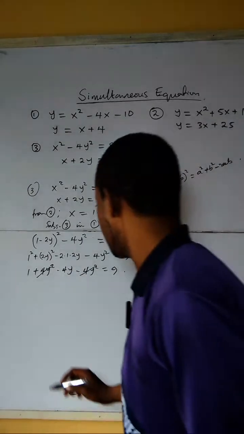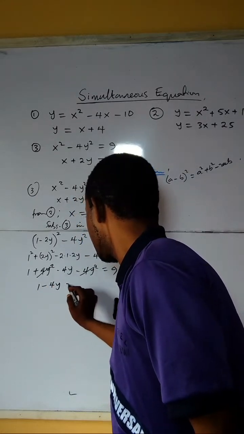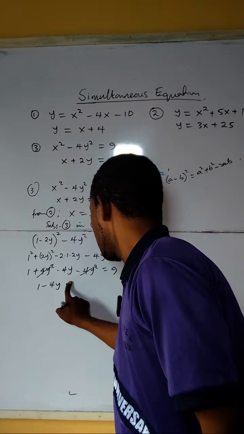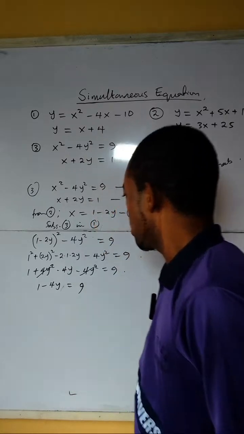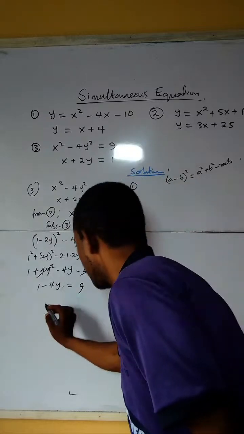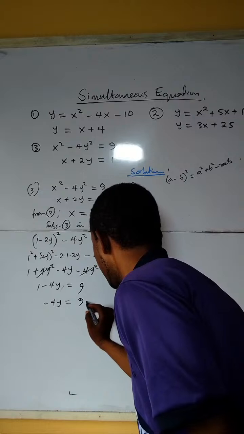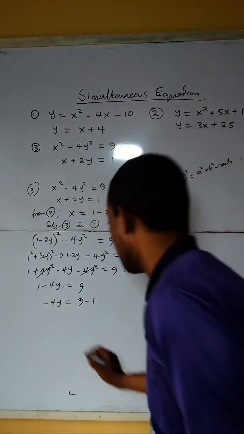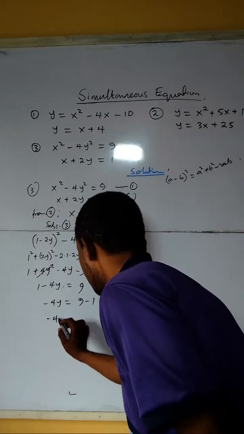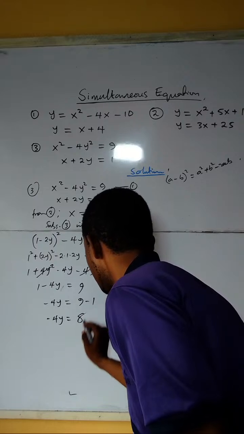Then we are left with 1 minus 4y, which equals 9 on the right hand side. Then we can take 1 to this side and minus 4y is left here. Then we have 9 minus 1. When 1 comes here, it becomes minus. That is minus 4y now equals to 9 minus 1, that's 8.